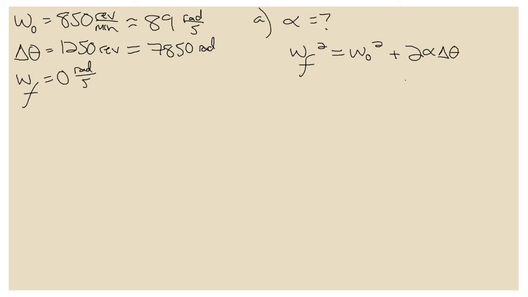Now, because the final angular velocity here is 0, we end up solving this for alpha and getting negative omega naught squared over 2 delta theta. Notice we subtract the omega naught squared and then divide by 2 delta theta.